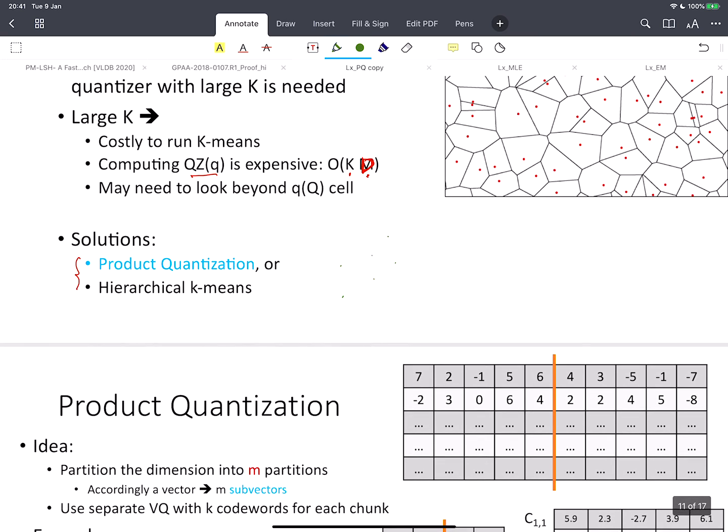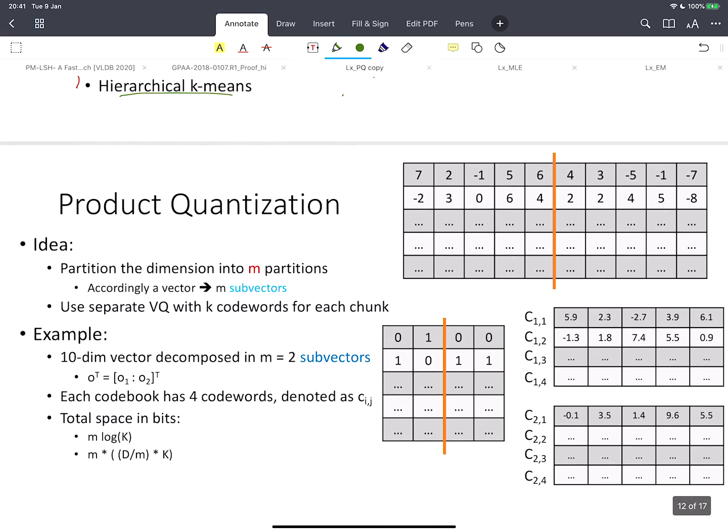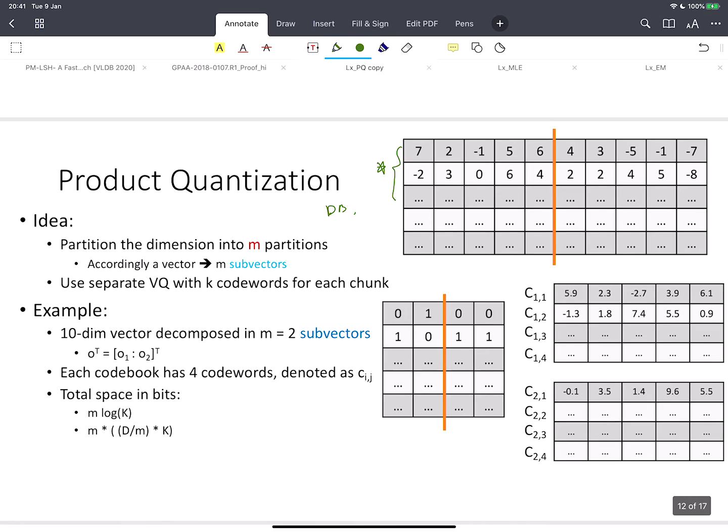Think about hierarchical k-means: whenever you do the first level k-means, let's say these three tuples belong to the first cluster. It's almost like divide and conquer, so you only need to further divide these three guys into two subsequent clusters, and so on and so forth.